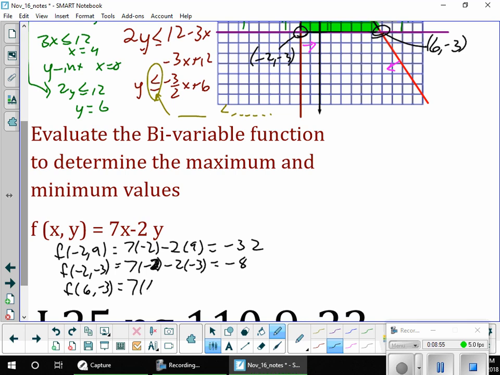And if I do the other one, 6 and -3, I get 42 plus 6, which is 48. Now all I have to do is figure out my max and min from those. The 48 is the only positive number, so it's definitely the max. And among my negative numbers, the more negative one is my min. So there's my max and my min.